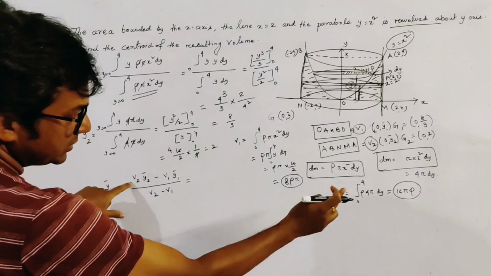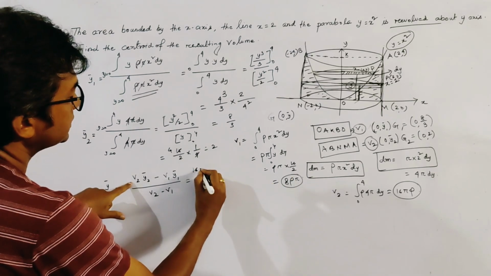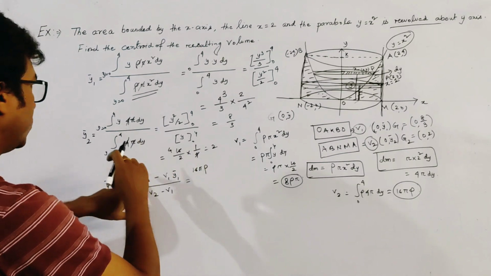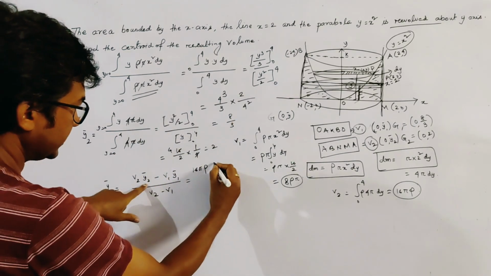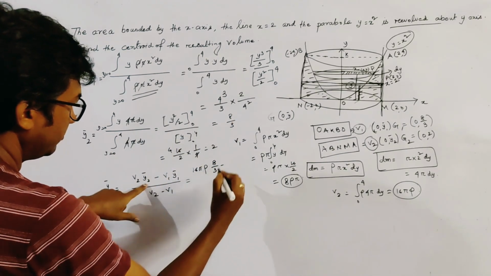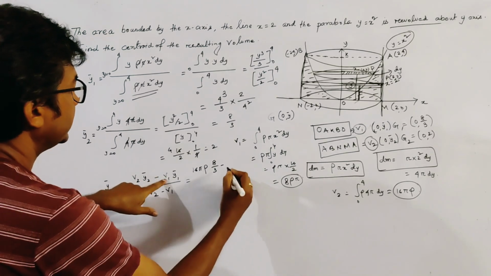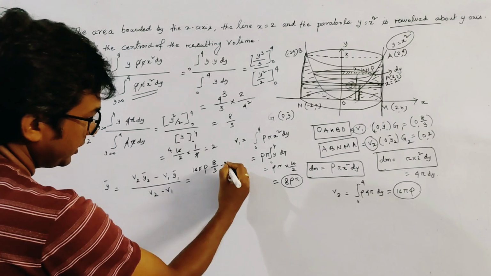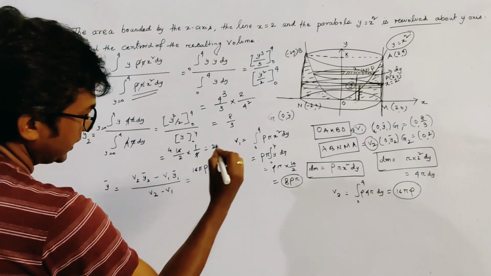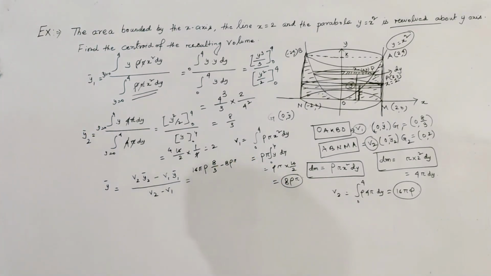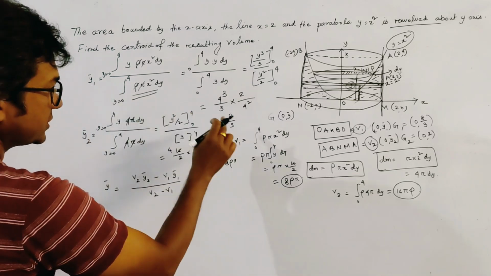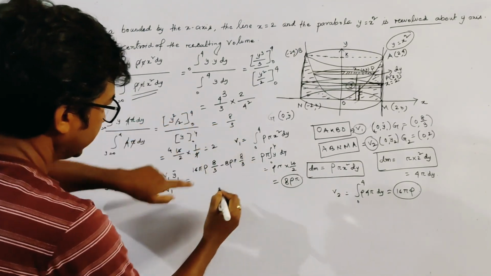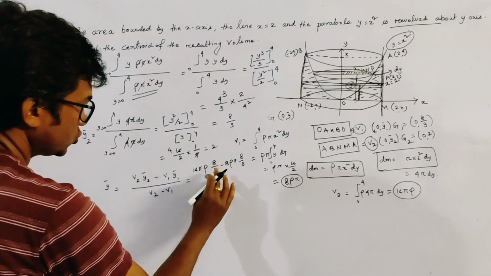V2 is given by 16 pi rho into y2 bar. What is y2 bar? This is 8 by 3 minus. This is given by V1. V1 means 8 rho pi. This is V1. And y1 bar, this is 8 by 3, and this is y2 bar, this is 2.